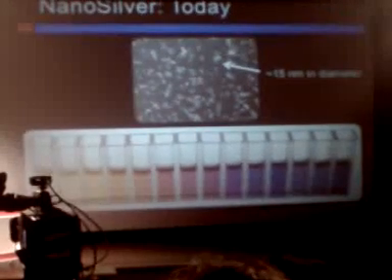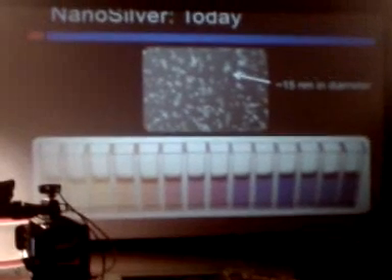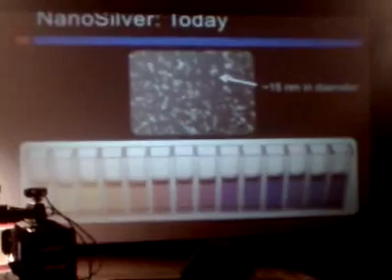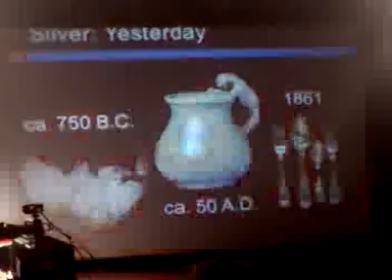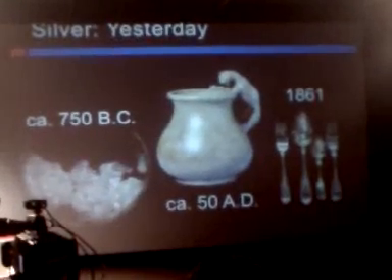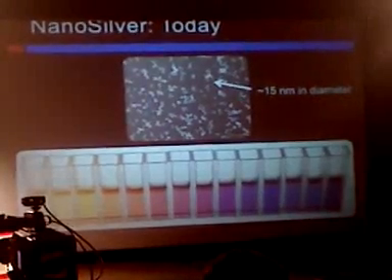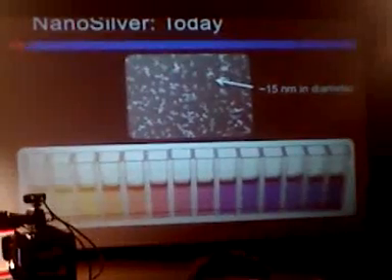So today, we're still taking advantage of the fact that silver kills germs, but we're shrinking the silver so that we can use it in a lot of places where we might not have used it before, and not have everything look silver. All of these products look silver. Some of the ones that I'll be talking about don't look silver anymore. So on the top here is a microscope image of nanoparticles of silver that are approximately 15 nanometers in diameter.